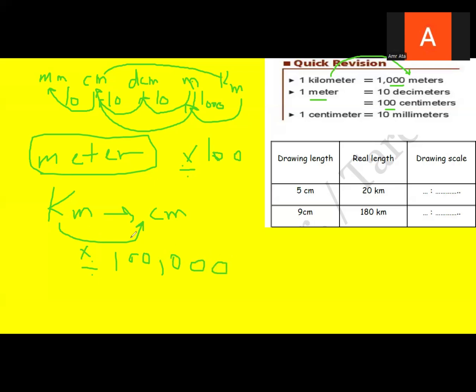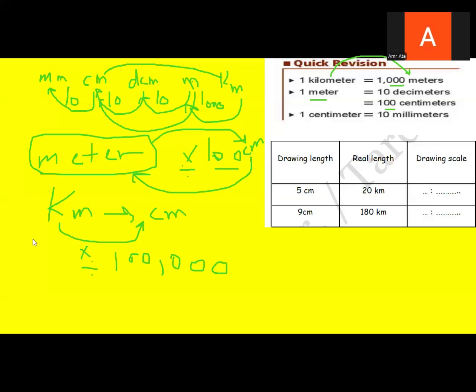From kilometer to centimeter times by 100,000. From centimeter to kilometer divided by 100,000. In meter, if I have meter and I will convert to centimeter, I will times by 100. From centimeter to meter, I will divide it by 100.